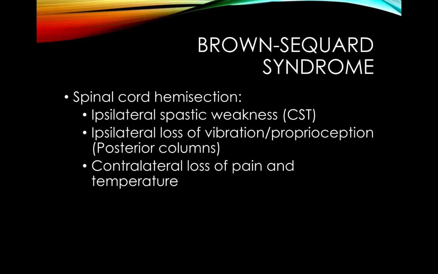So Brown-Séquard syndrome is due to a spinal cord hemisection, and again, we get ipsilateral spastic weakness, ipsilateral loss of vibration and proprioception, but contralateral loss of pain and temperature. So make sure you know this syndrome very well.